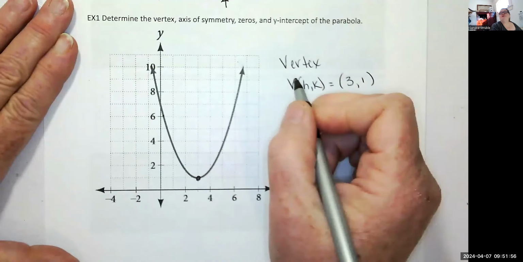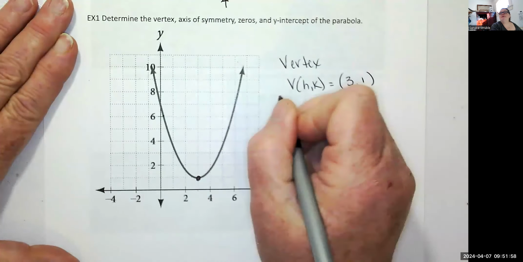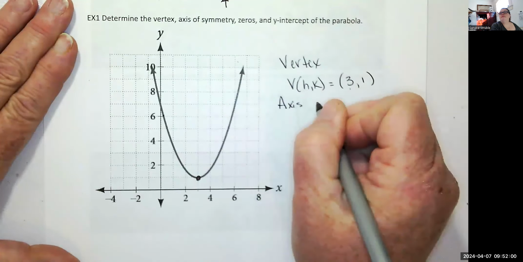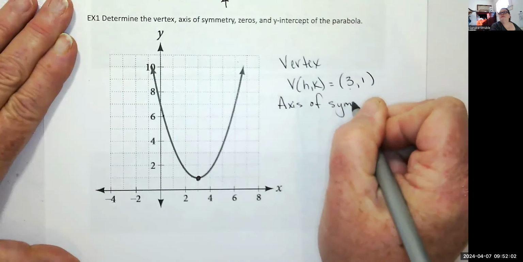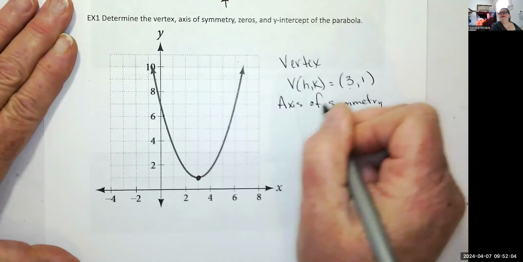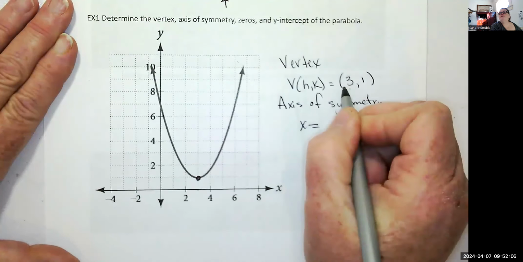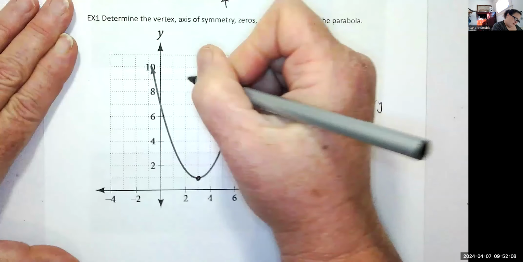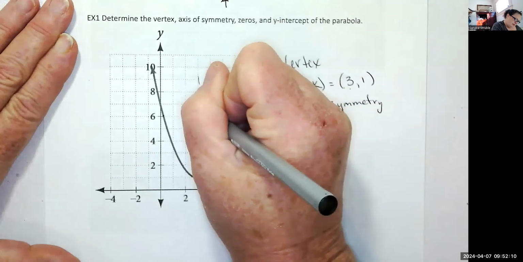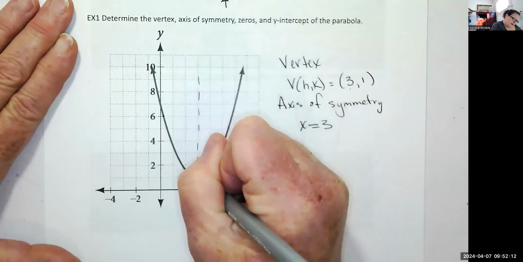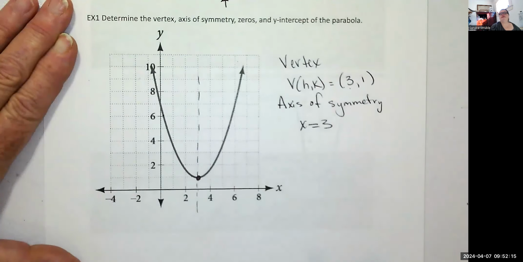I can do the axis of symmetry too while I'm at it, because the axis of symmetry is just x equals whatever the h value is, 3. And that is being referenced by this imaginary line here. All right, that is x equals 3.